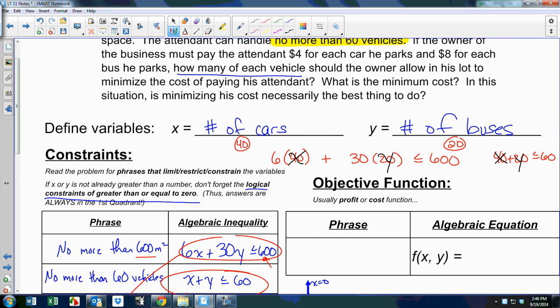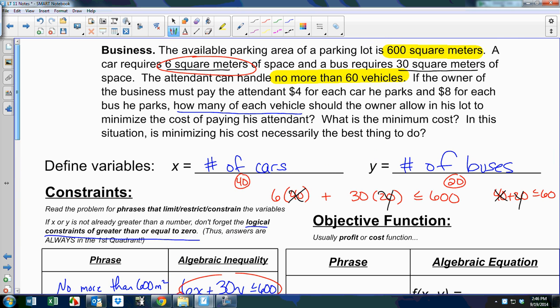The cost function, which I neglected to write earlier, let's see, go back and mark through everything that we've already used to graph, and there's only one thing left, $4 and $8. $4 for every car, $8 for every bus. If we used our concrete example of 40, our cost would be 40 times $4, and 20 buses times $8.